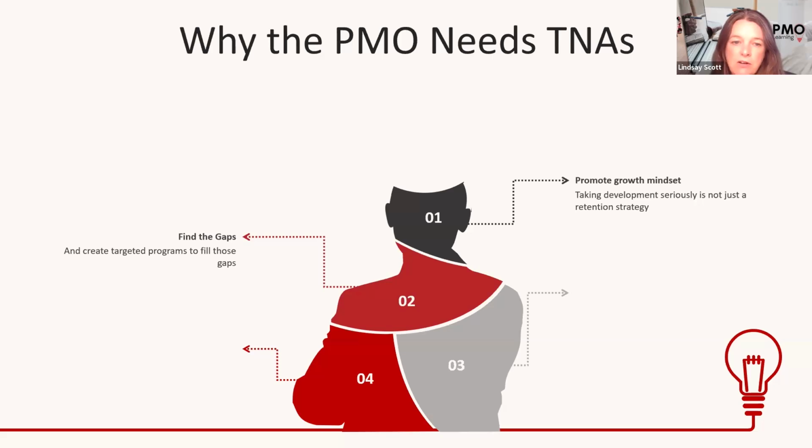From a PMO point of view, it's useful to find the gaps, not only in us as individuals, but also within the team itself. We understand that we have people in our team who are particularly strong in certain areas, and we're trying to find the balance of our entire team rather than trying to find PMO people who know the inside and out of everything. We don't need that.